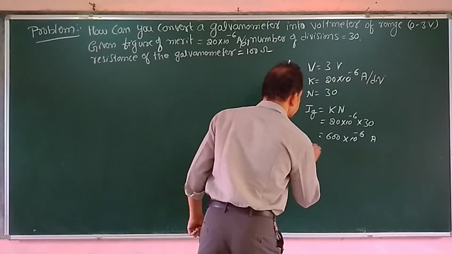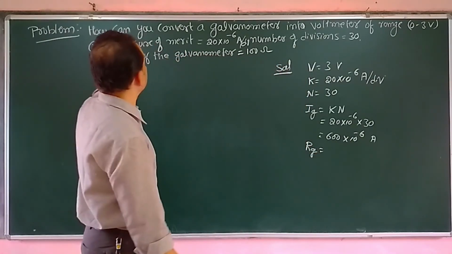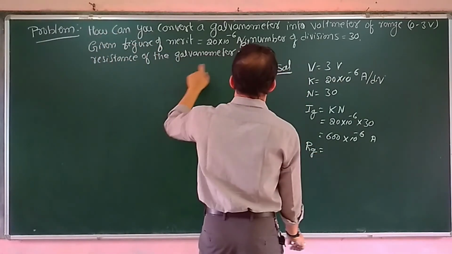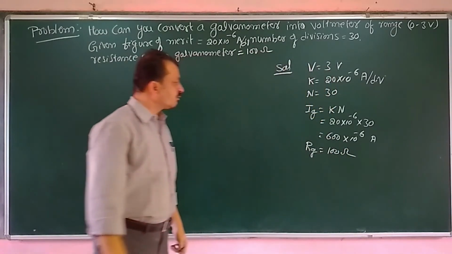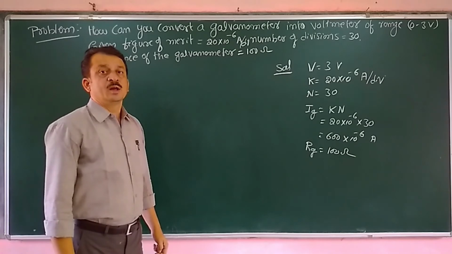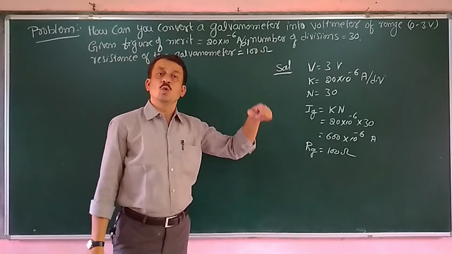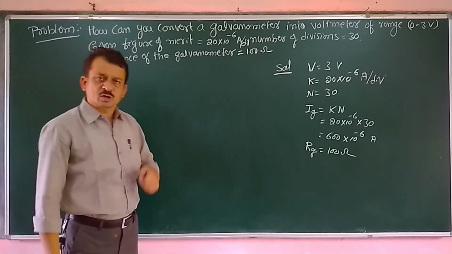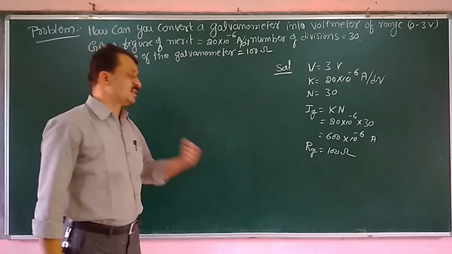The internal resistance of the galvanometer Rg is given. How much is it? 100 ohms. Now what do we have to calculate? This given galvanometer has to be converted into a voltmeter. How can you convert it? By connecting a high resistance in series.